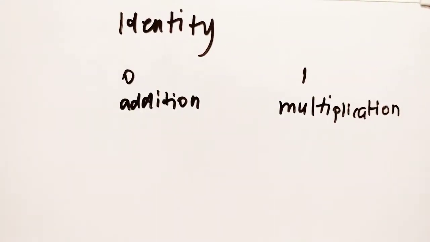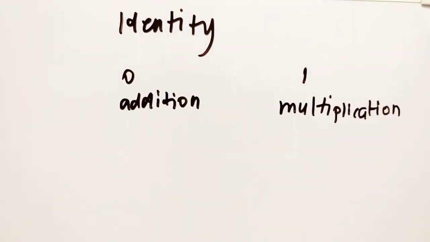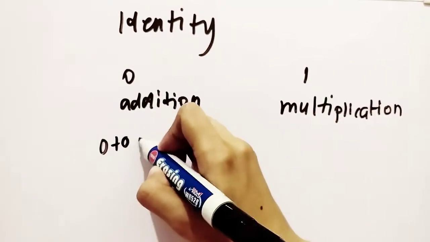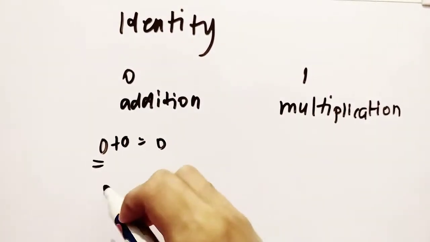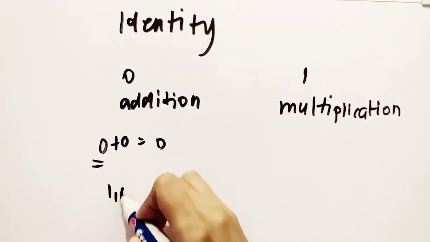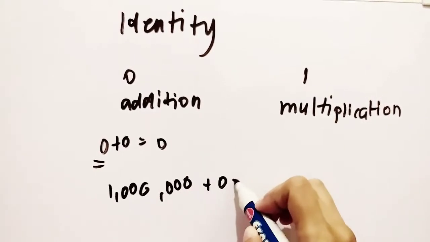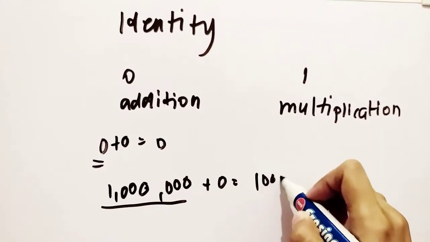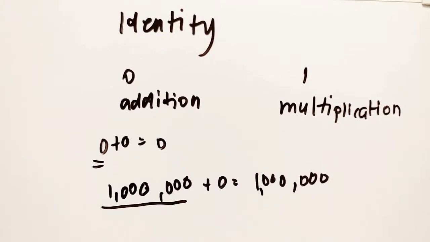Why is that so? In addition, if we add 0 to any number, we will get the exact same number. So if we add 0 plus 0, we will have the result of 0. If we add 1 million to 0, we will still have the value of 1 million. So that is how 0 works in identity.